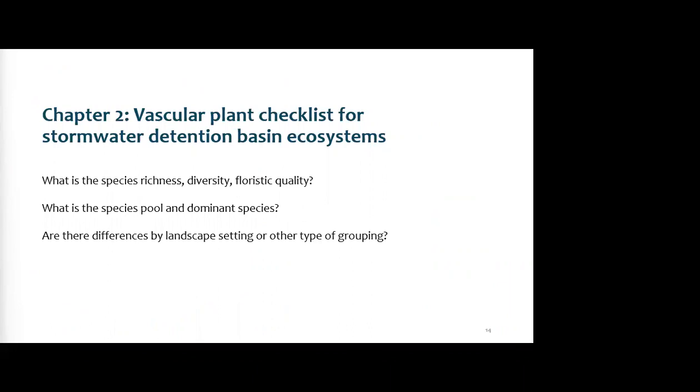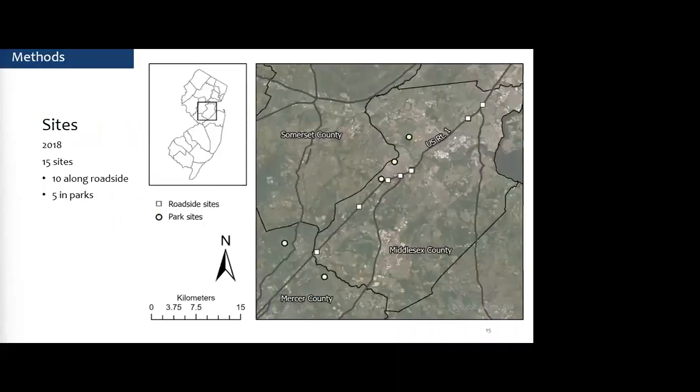And one of the drivers of patterns that I was looking at was the influence of landscape setting. So I wanted to know if landscape influenced the types of plant communities I saw, or if there was some other type of grouping independent of landscape. I looked at 15 detention basins in Middlesex and Mercer County.